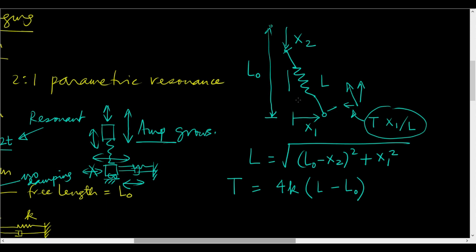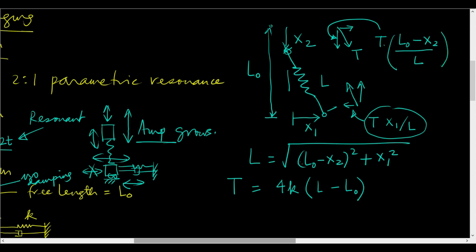Okay. Similarly, over here there is similarly a tension, the same T. There is a vertical component and a horizontal component. The vertical component is of interest, and that is equal to T times (L0 minus x2) over L.